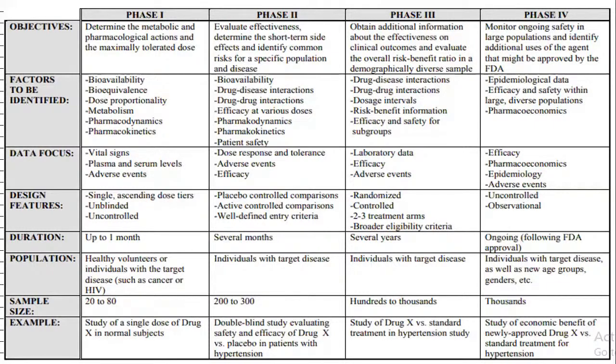Duration, you all can understand how much time it will take. And then population, we can understand what kind of population there is as inclusion criteria. Sample size, what is the sample size at a minimum? This is the minimum sample size, maximum can go more than that. Some examples are written. If you understand, that is good.